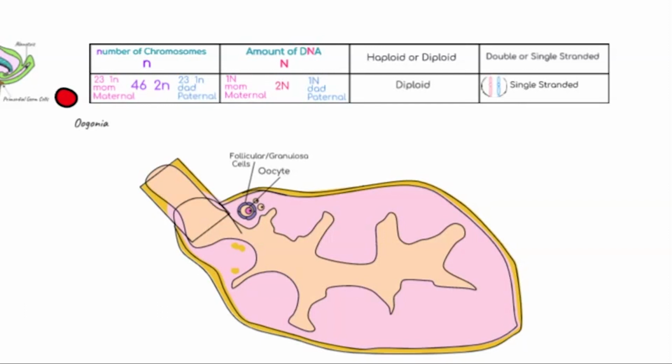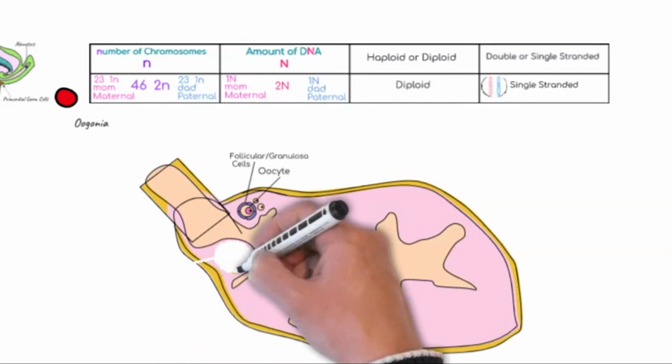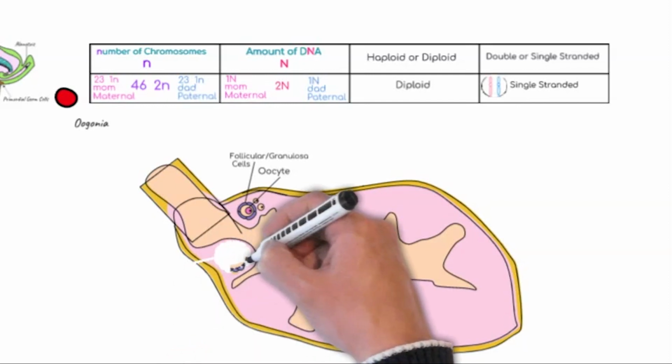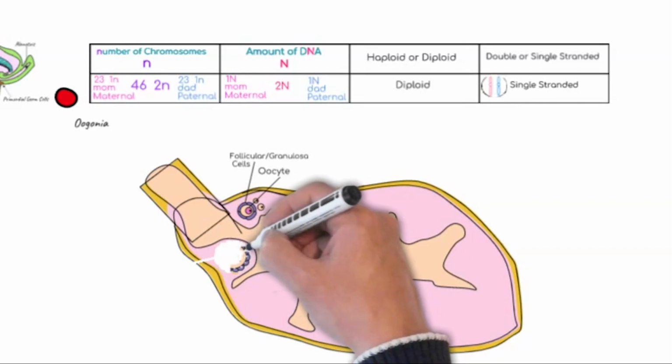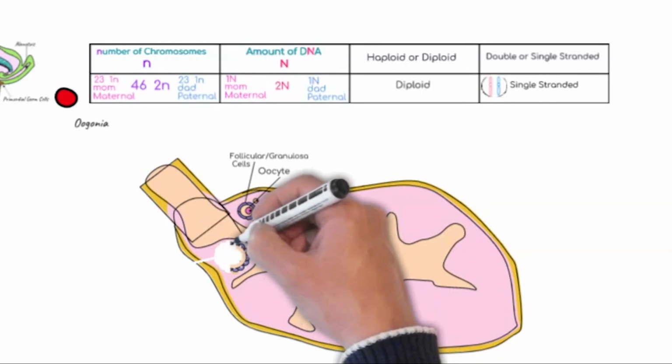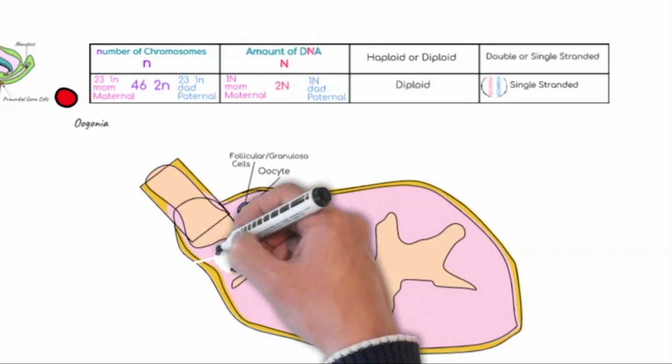And you'll have only one oogonium in a sheet or bag of epithelium cells surrounding it, derived from the surface epithelium of the ovary. Okay, so inside your ovary, some cells will kind of form this sheet around the oogonium.